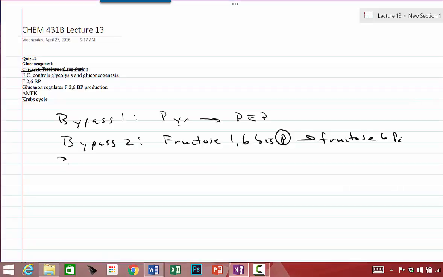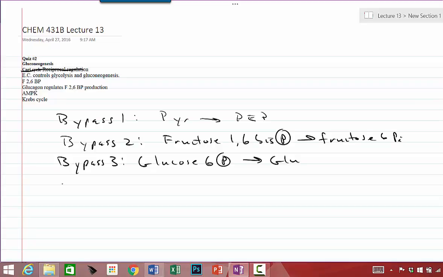And bypass number 3: glucose 6-phosphate going to glucose. Those are the 3 bypasses, and we call them bypasses again because they use different enzymes than what's used for glycolysis.